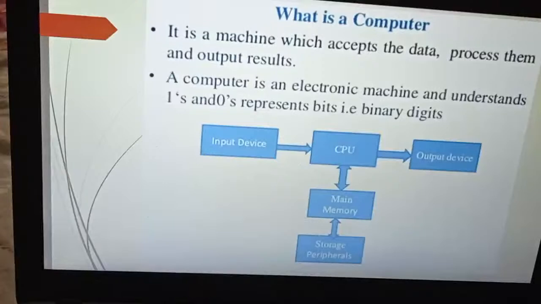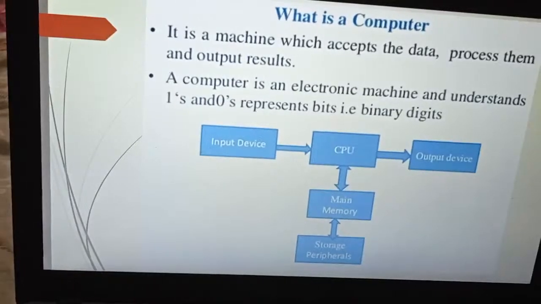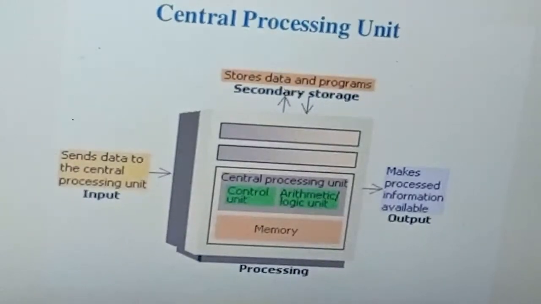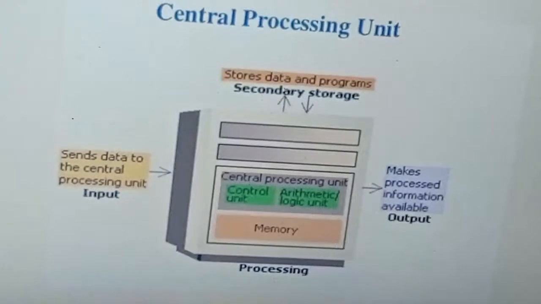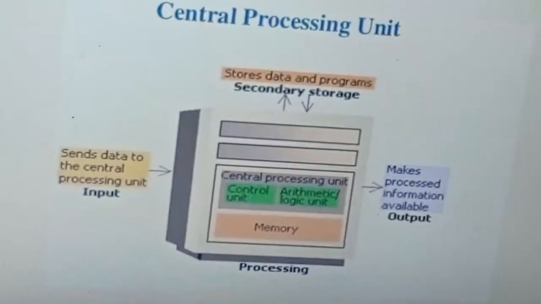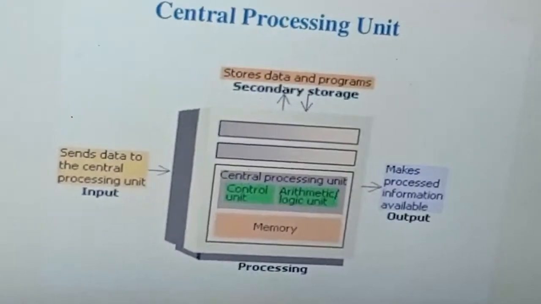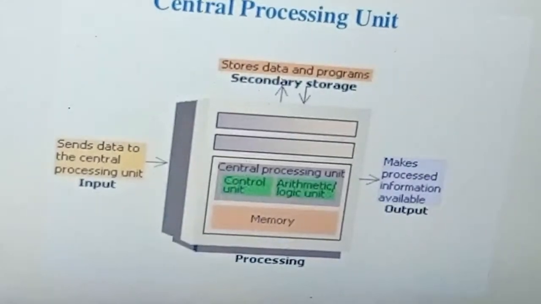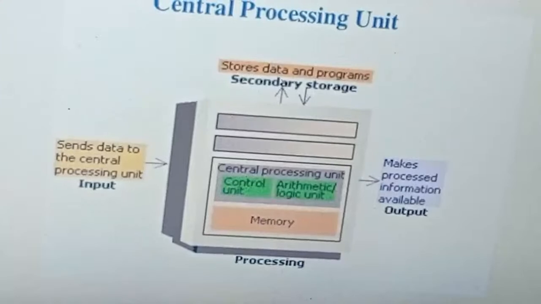Now the block diagram: the input goes to the CPU, which sends output to the memory as well as peripherals. This is the CPU, the central processing unit, which consists of the arithmetic logic unit and control unit. This is the heart of the computer. It actually executes the instructions in a program and tells the computer what to do.